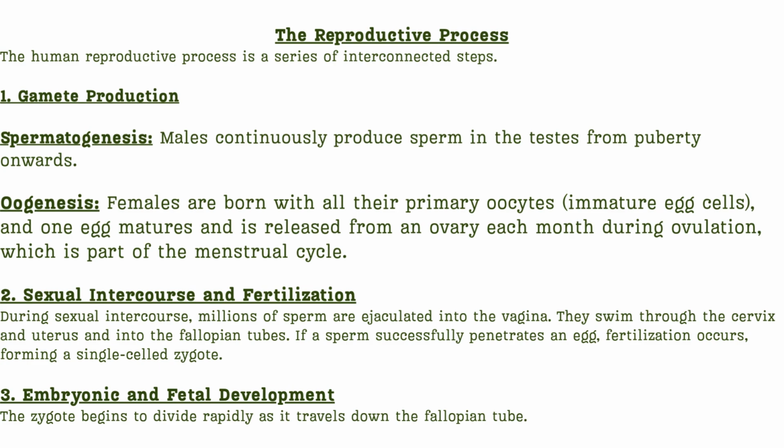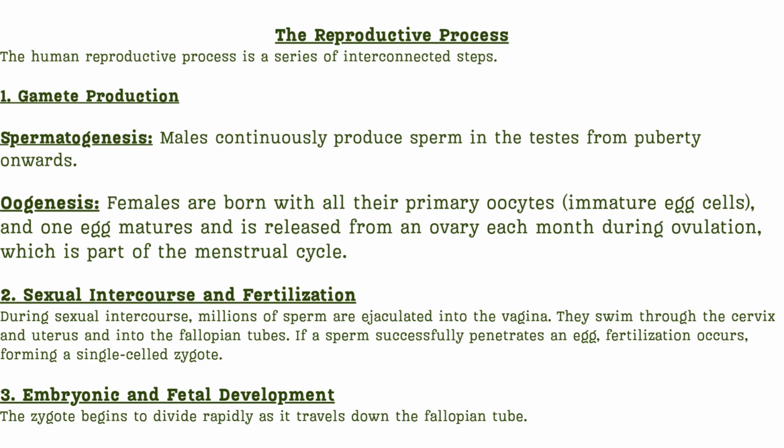So here we can see the detailed process of reproduction in human beings. Both the male and female partners are required in this process, and the main reproductive organs are the uterus and the penis.